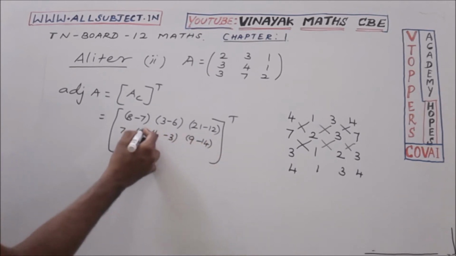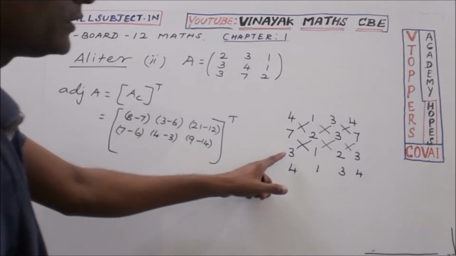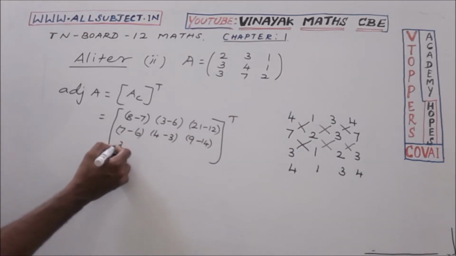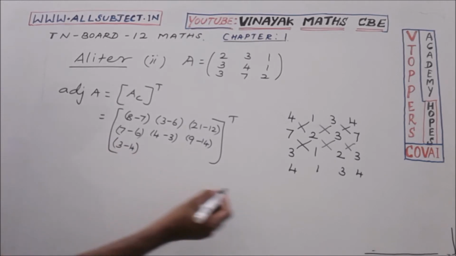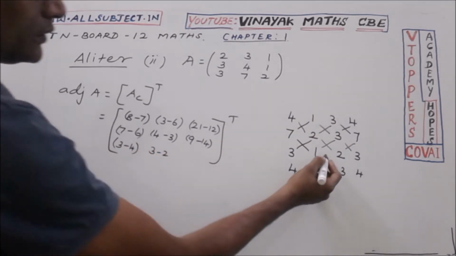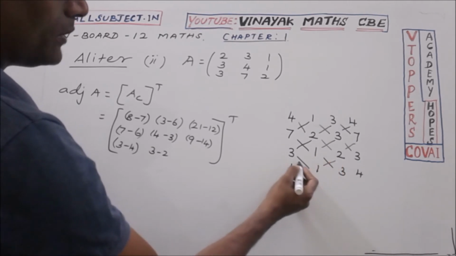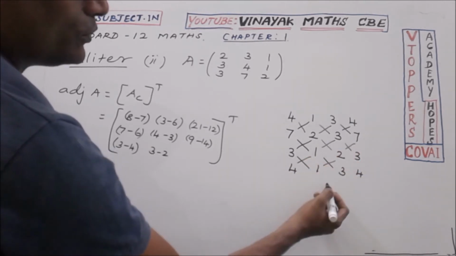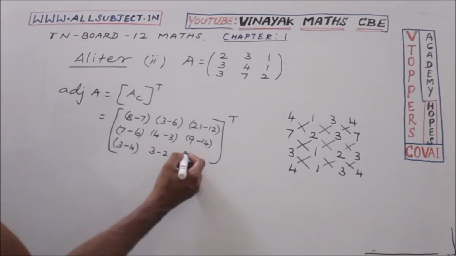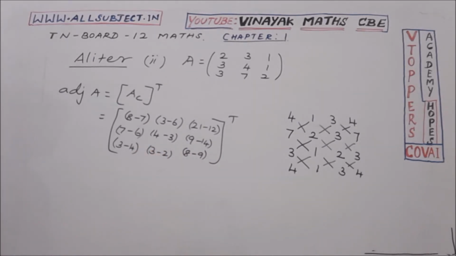And then moving to the last row, taking these 4 elements first, 3 minus 4, and then 3 minus 2. Then multiplying the last 4 entries, 8 minus 9. Now simplify it.